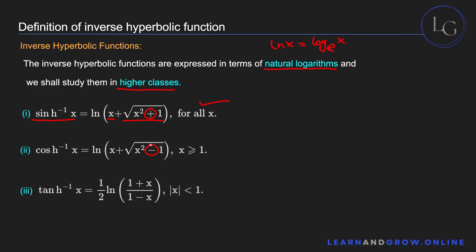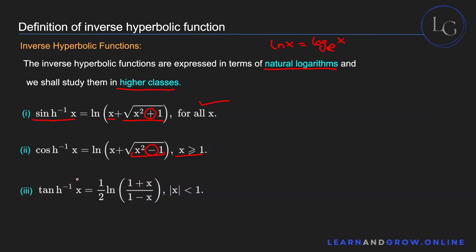But because of this negative sign, there is a condition that x must be greater than or equal to 1. The only reason for that is that it cannot have a negative number under this root sign, because you cannot take the under root of a negative number, as that will become an imaginary number, and we're not dealing with those, honestly. So yeah, that's why the domain is all real numbers greater than or equal to 1.